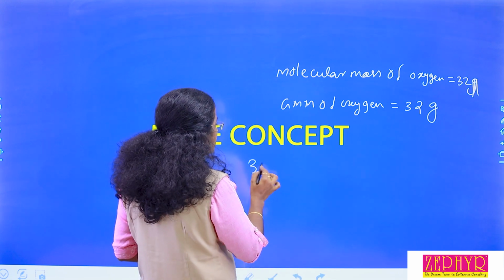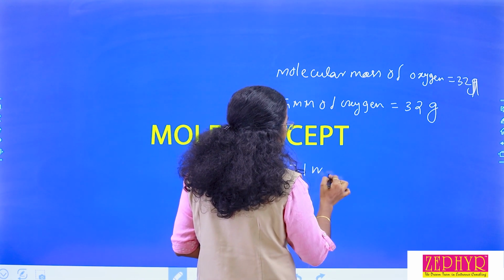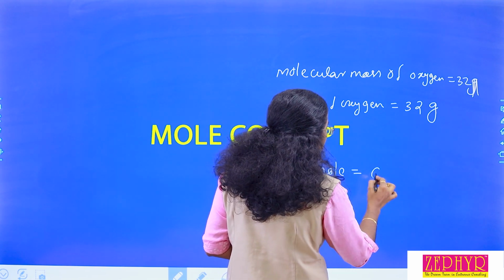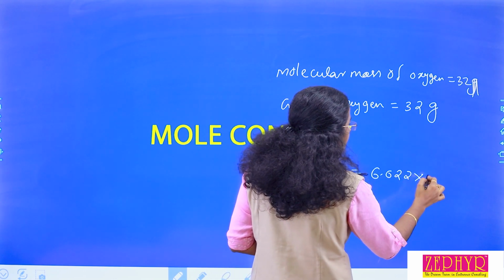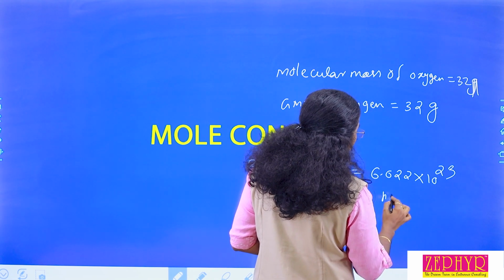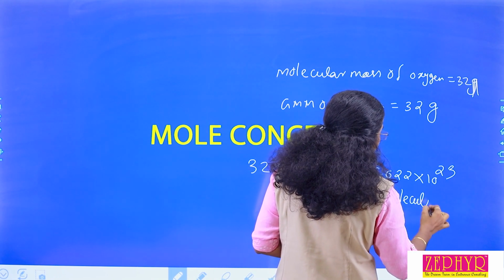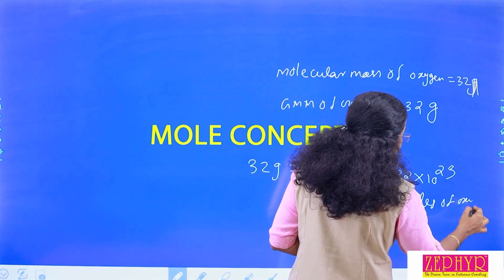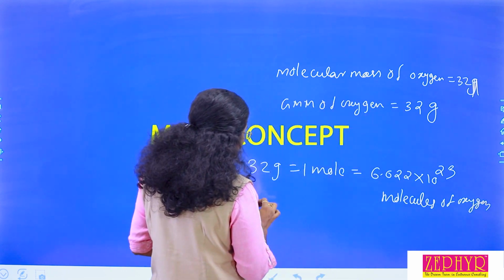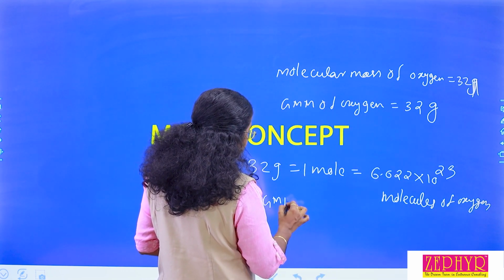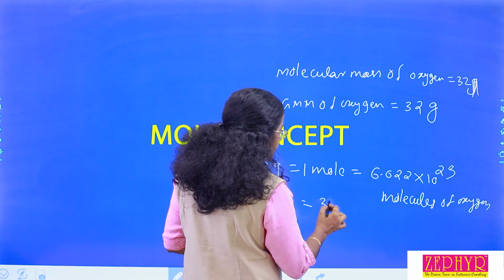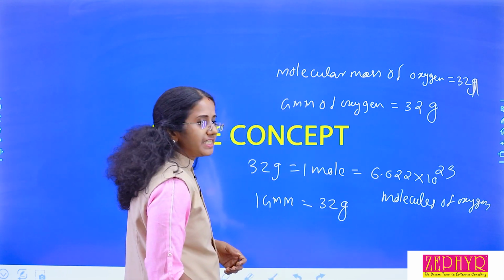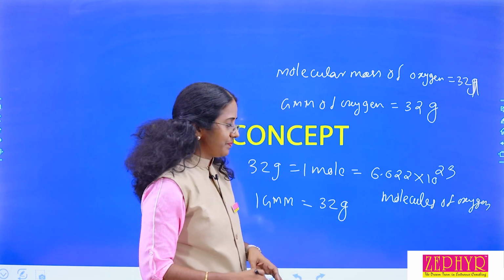This 32 gram is also 1 mole. That contains 6.022 × 10^23 molecules of oxygen. So 1 GMM of oxygen is 32 gram.